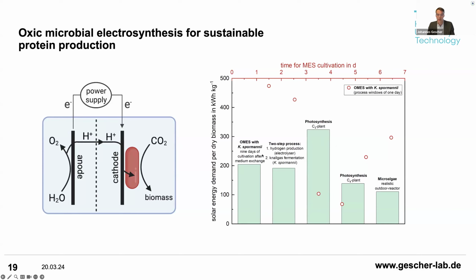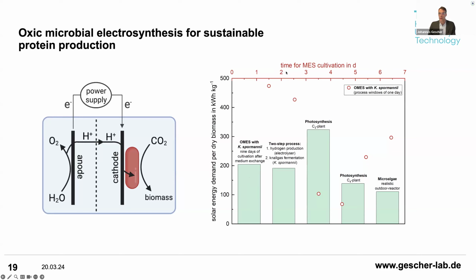And what you see is, if you compare this to photosynthesis, we are in the same area of solar energy demand for the process, but we can operate the process 24/7. We are not dependent on light. We are only dependent on electrical energy.